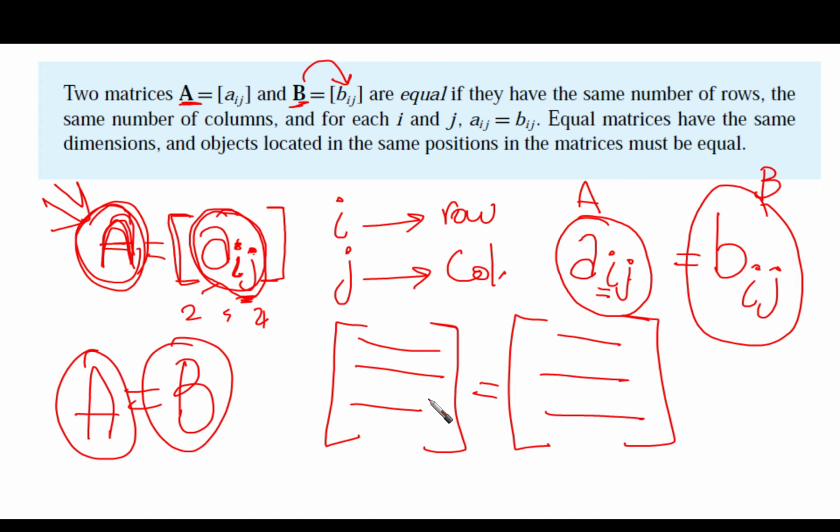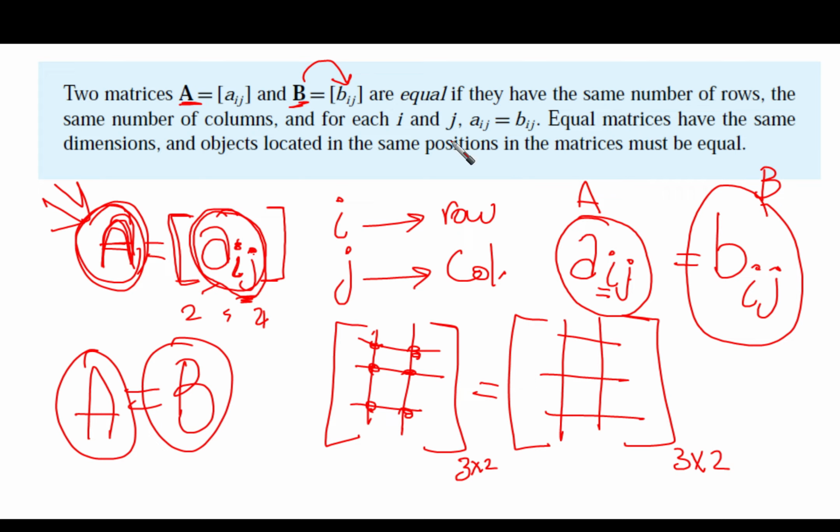We have 3 rows here. If it's 3 by 2, then this one should also be 3 by 2. This means that if we have 2 columns here, we must have 2 columns here. Each entry here is considered to be an element.